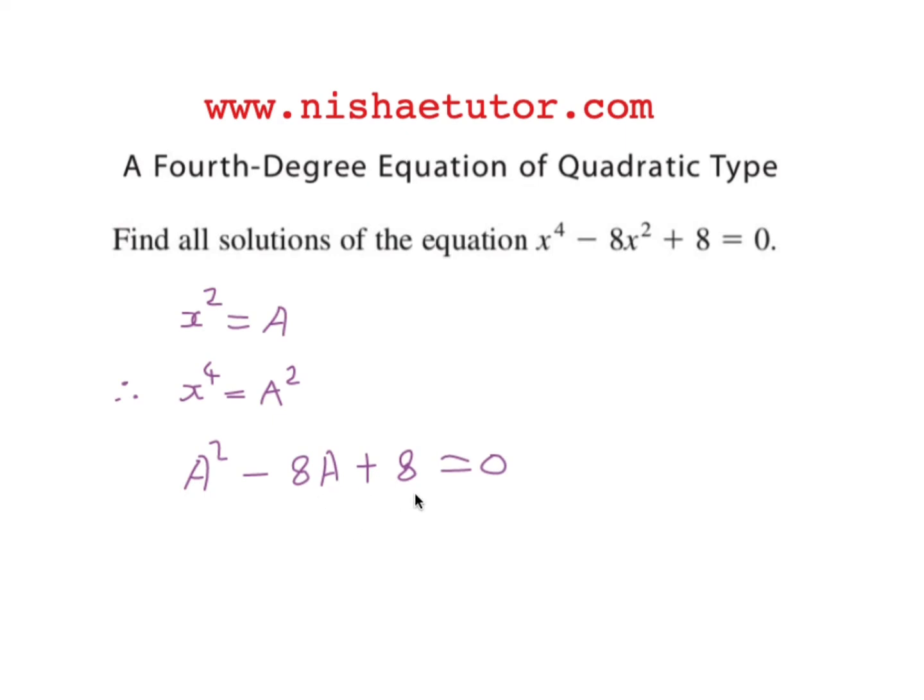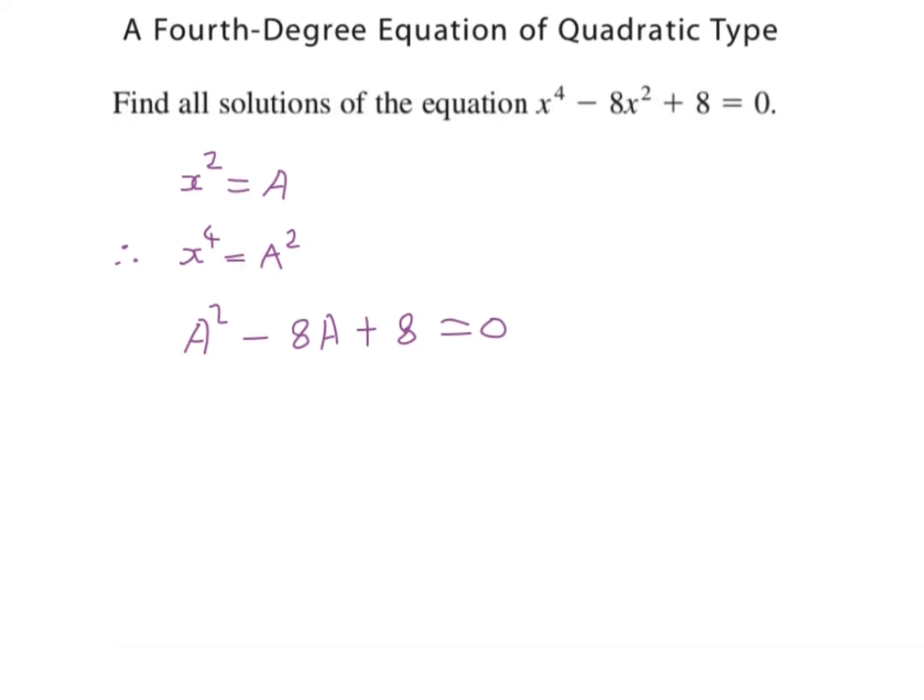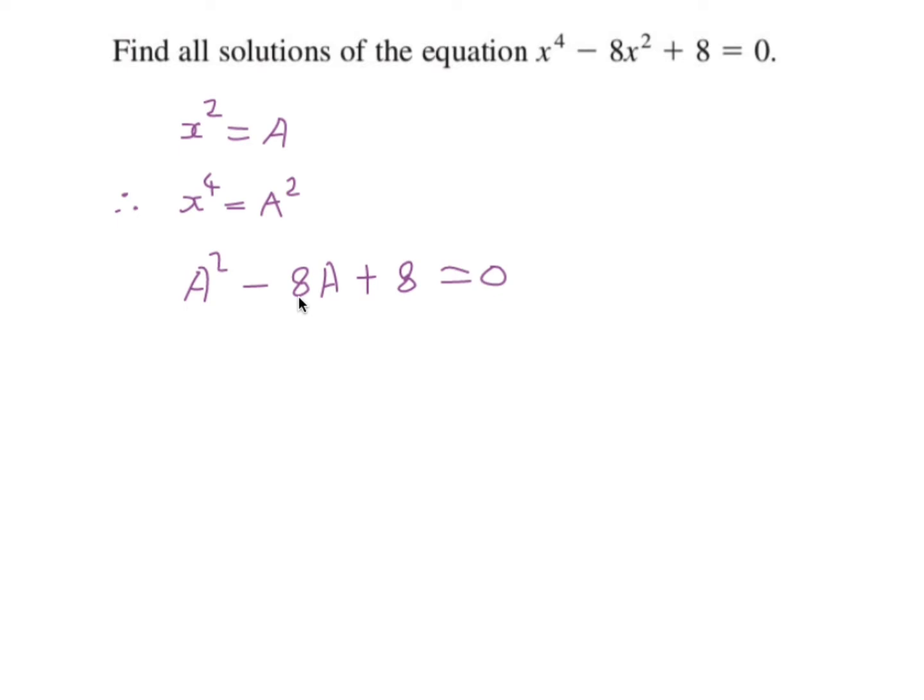Here we cannot solve by the factoring method, because we don't get two values whose product is 8 and sum is minus 8. So it is not possible to solve this equation by the factoring method.